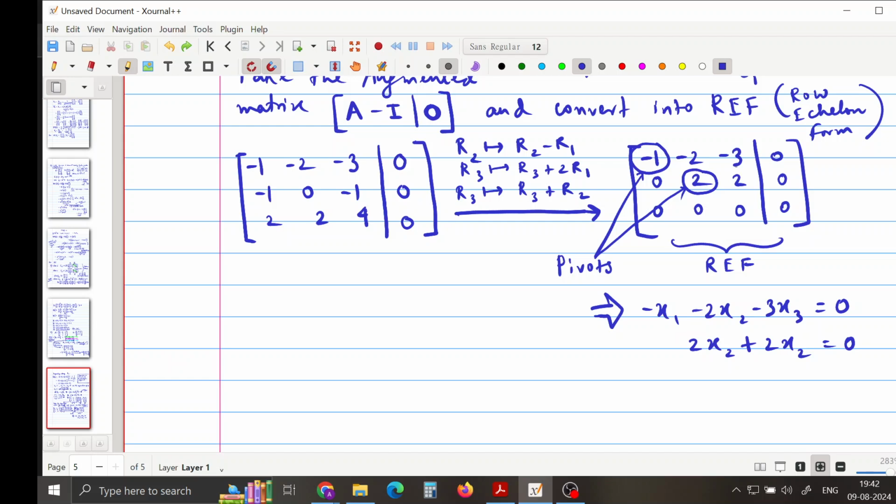The non-pivot column is the third column, so the third unknown variable, x3, is your free variable. The task is to express x1 and x2, the basic variables, in terms of the free variable. If you just solve these two equations, you will get x1 equals minus 3, expressing x1 and x2 in terms of x3.